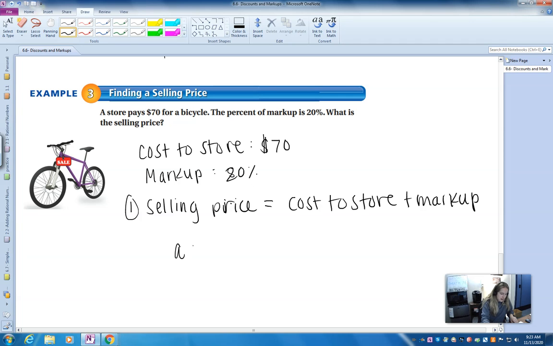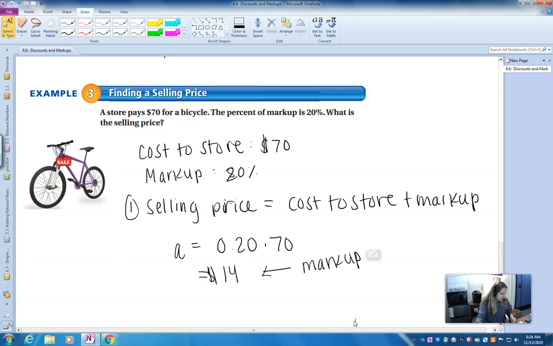So we're going to go A equals 0.20, write it as a decimal, times 70. This is going to give me what 20% of 70 is going to equal. And that's going to give me 14. So this tells me the store is adding $14 to it. So this is the markup, okay?